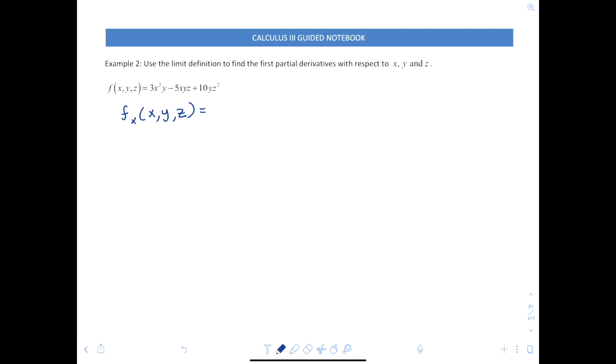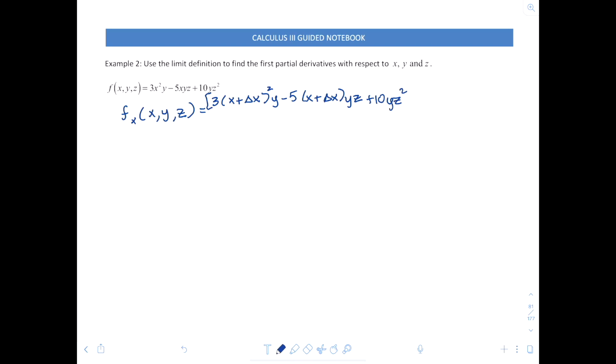So that would be 3 times x plus delta x squared times y, I'm treating y as a constant, minus 5 times x plus delta x times y times z, plus 10 yz squared.